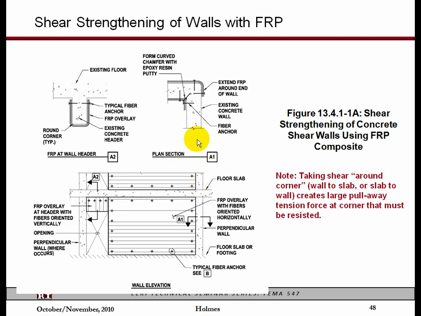So in order to make such a detail work, you would have to put some sort of a steel angle or tube or something in the corner and bolt it into the wall to take that horizontal force that is trying to pull that material away from that corner as the shear tries to get around the corner.